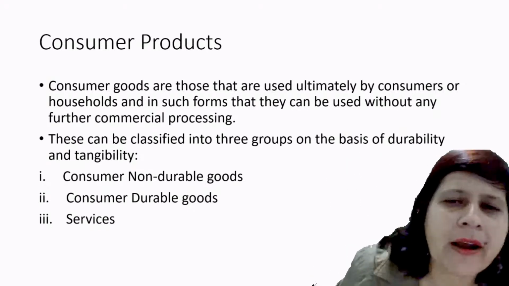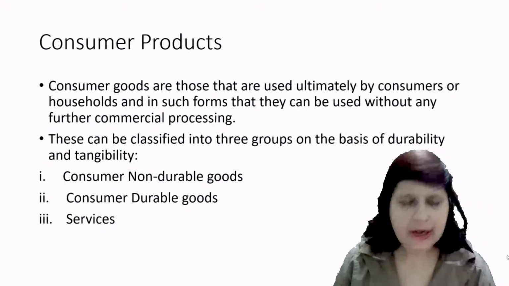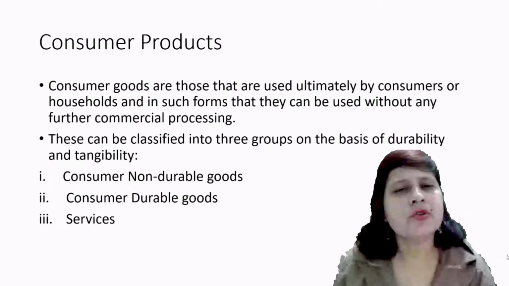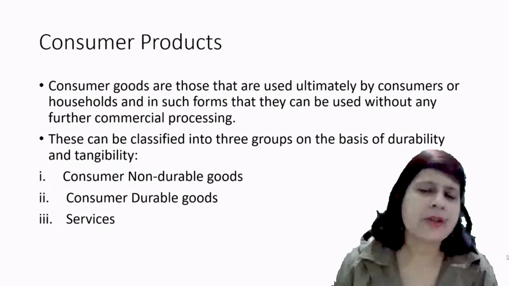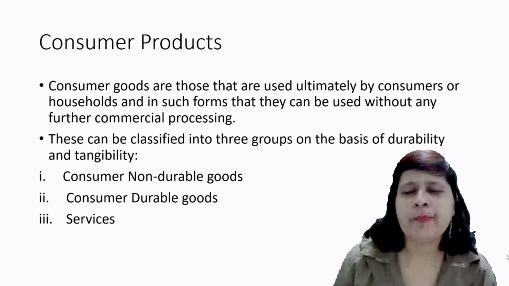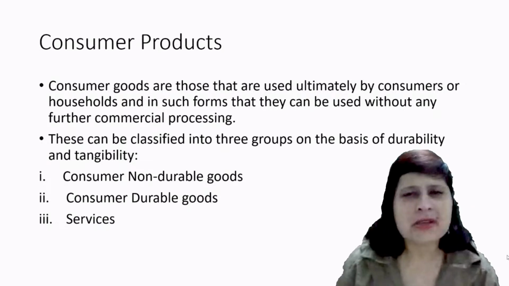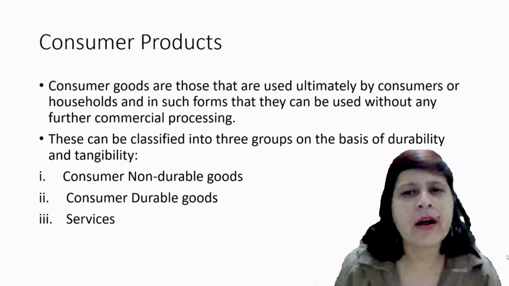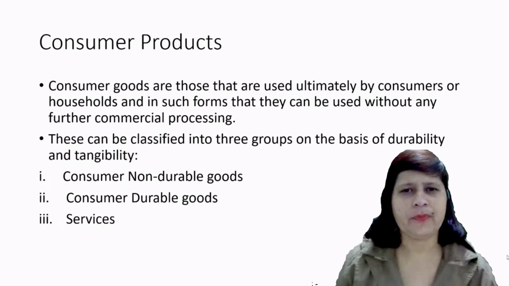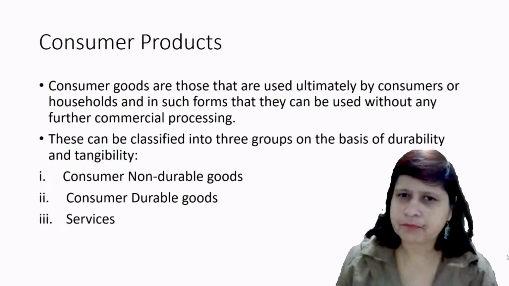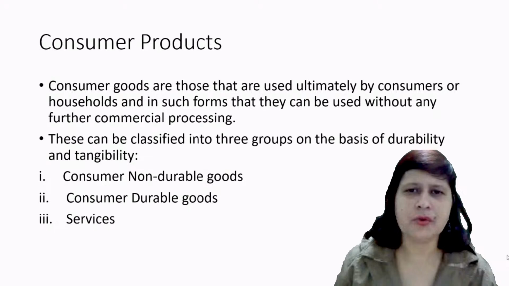See, whether an individual is a consumer or a household is a consumer, a marketer should study the consumer behavior of the individual or the household. Basically, we consider the household as an individual, so you can study a household, right?